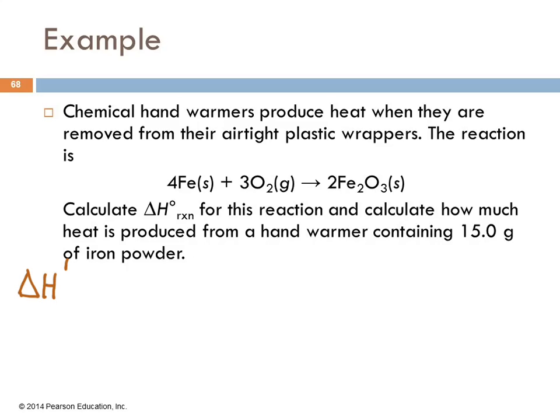So the standard heat of reaction is going to be the heats of formation for the products minus the heats of formation for the reactants. So here we have a product, Fe2O3. We're going to go to our table. Here you're going to have to use the one in the back of the book. And we're going to look this up. And this is iron.